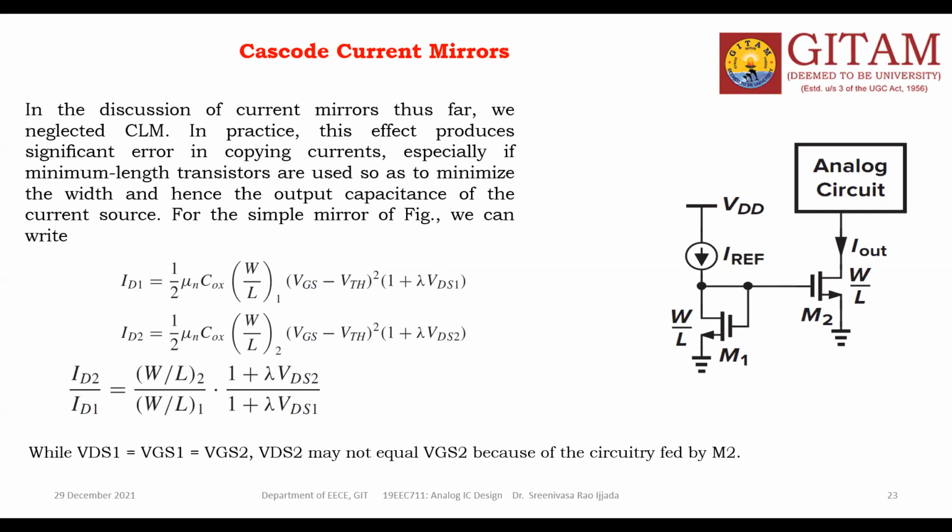So now I want to include the channel length modulation factor. What is the channel length modulation factor? Lambda. If you consider that also, what are the current mirror circuits for that? Cascode current mirrors. Got it? In the discussion of current mirrors so far, we neglected the channel length modulation. In practice, this effect produces significant error in the copying current.